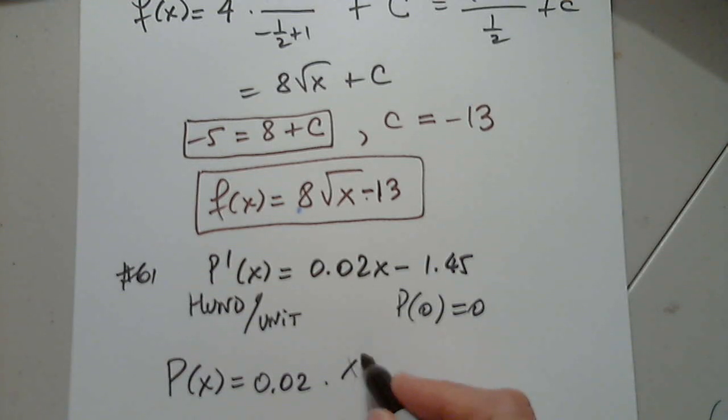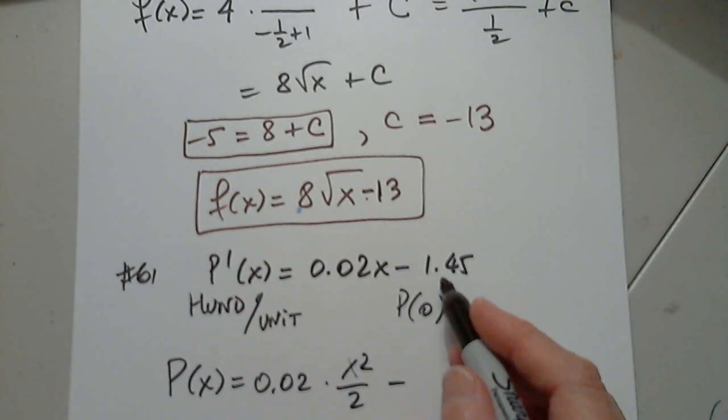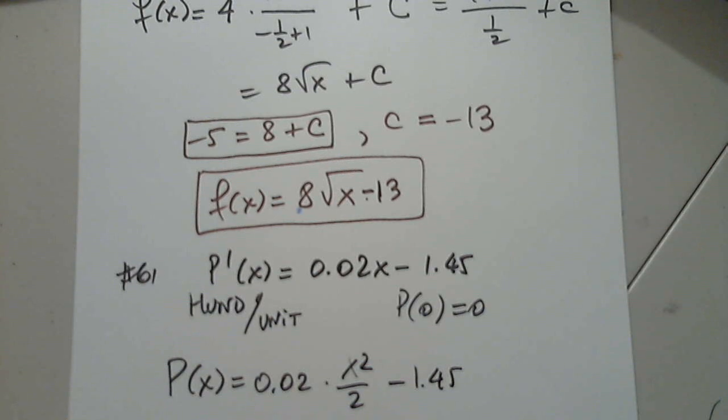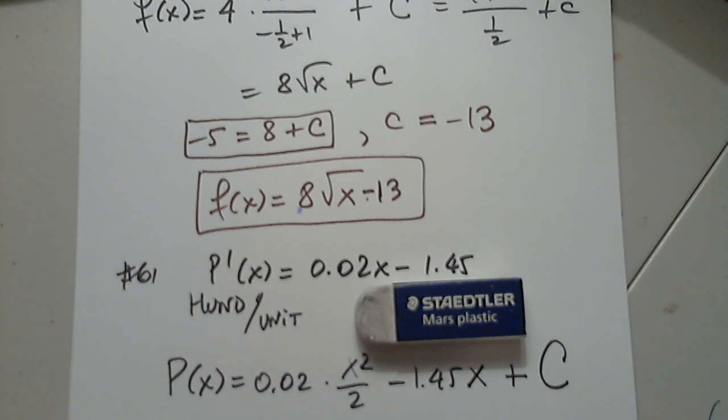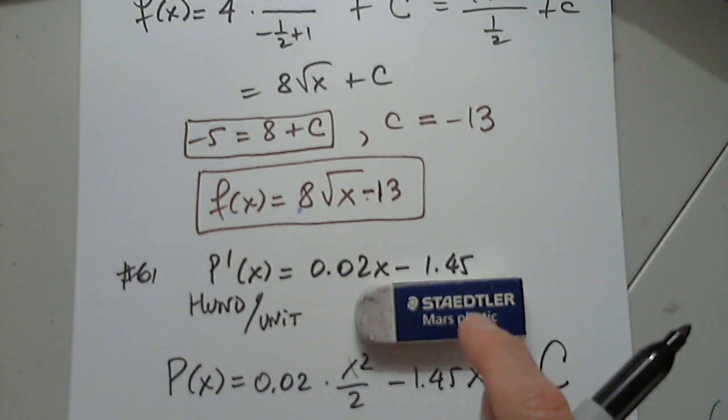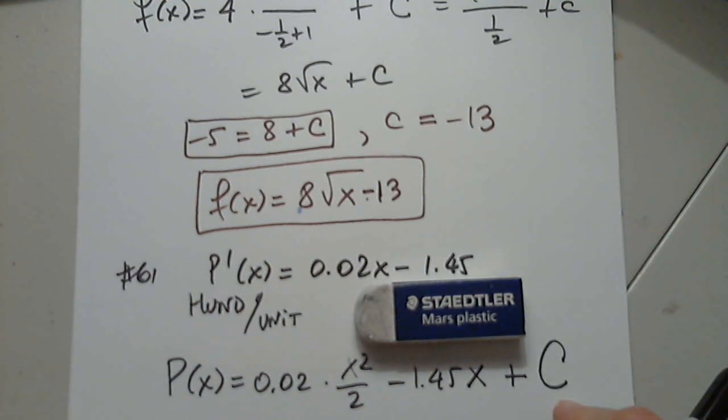X squared over 2. Very good. Minus, I copy 1.45. What function prime is 1.45? X. Excellent. Plus, of course, I always have to have that constant in there.